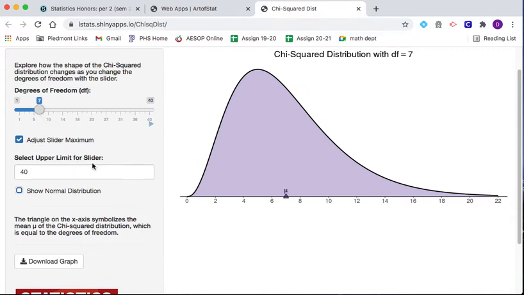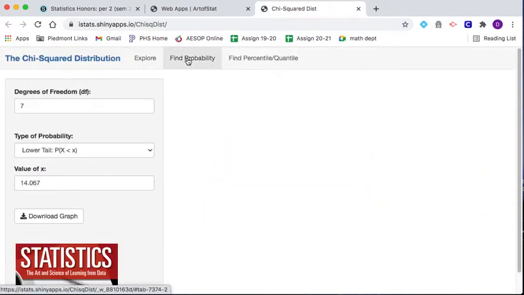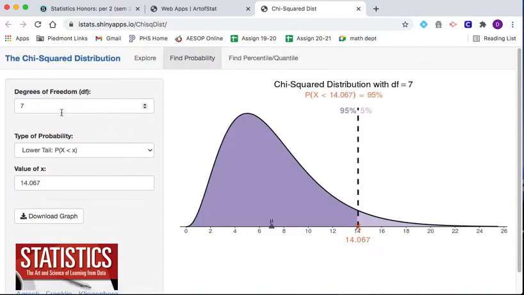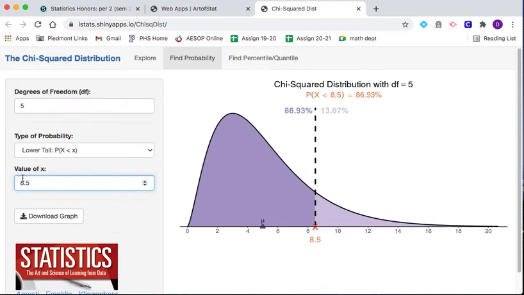It's a neat applet to play with. There are other options on here. I think if you go up to find probability, you can set the degrees of freedom. Let's say we have 5 degrees of freedom, and if we type in the value of our chi-square statistic, maybe we end up with an 8.5 in a goodness of fit test.